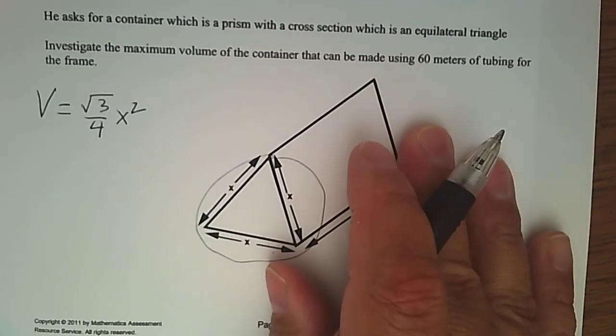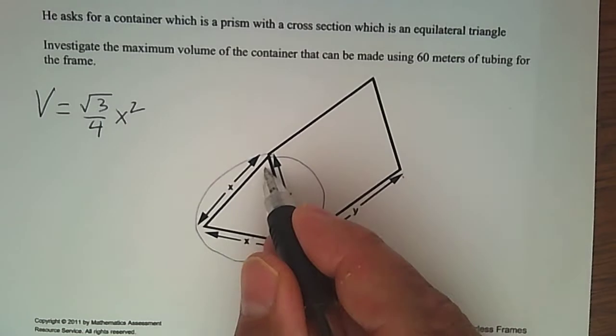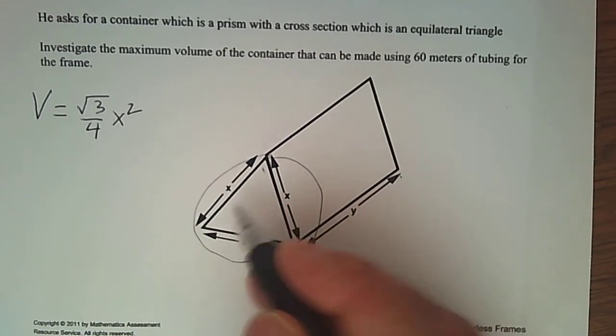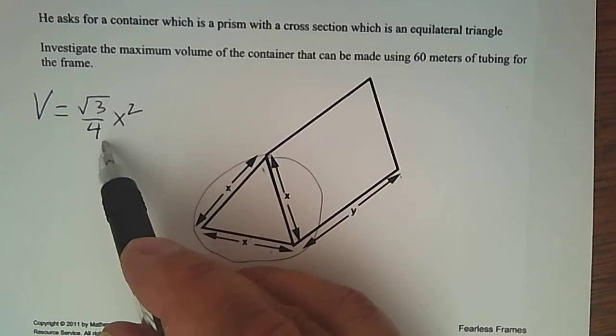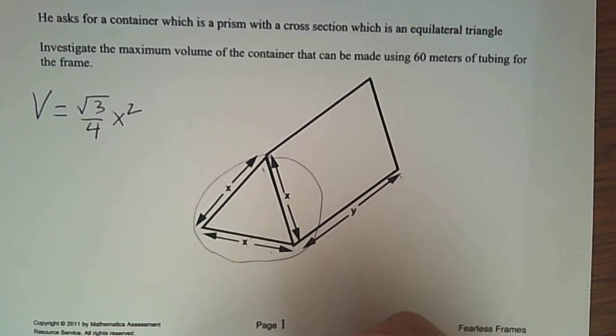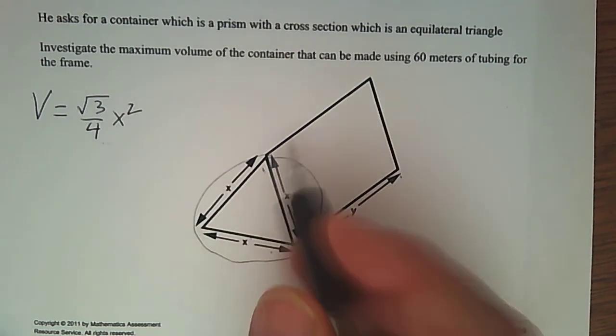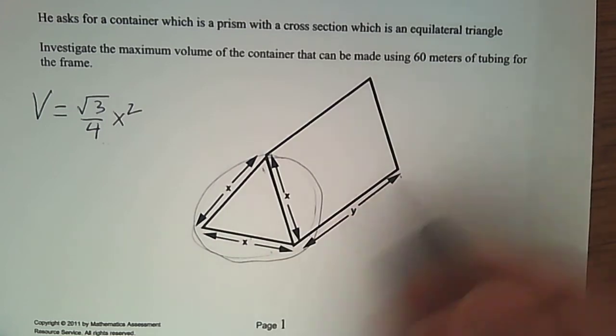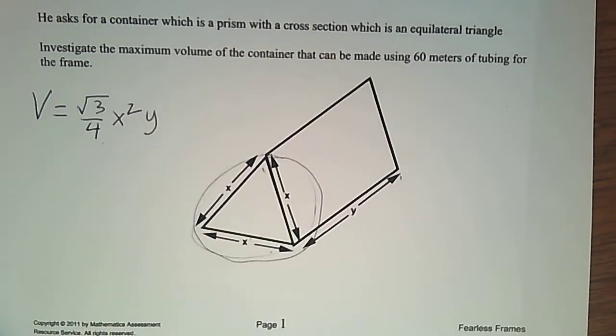So if you didn't know it, now you know. Usually it's half the base times the height, or we use a trig formula. But if all three sides are the same length, that formula is used to find the area of an equilateral triangle. So if you know the area of one base times the height, it's root 3 over 4 x squared times y. So similar to what we did, we just need to have a root 3 over 4 in front.